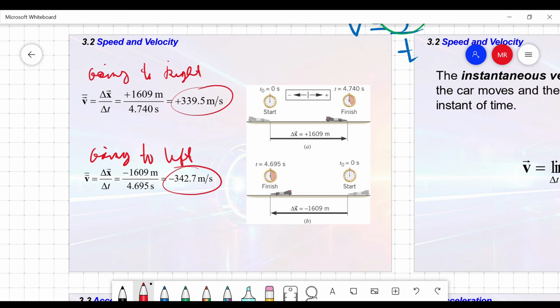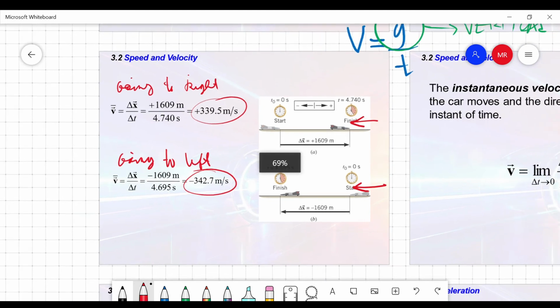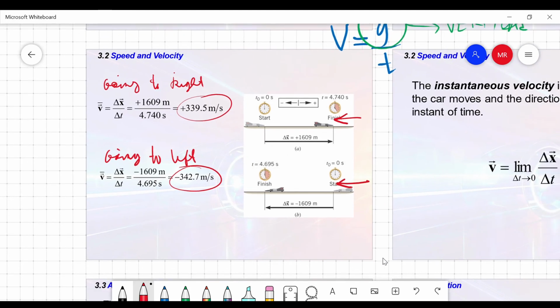So, we can say, dahil mas mabagal dito, yung wind ay going on this direction. Kaya naman nung going to the right, medyo mabagal siya. At nung going to the left, medyo napabilis kasi natulungan siya ng wind. Okay? So, that's how we analyze the problem.